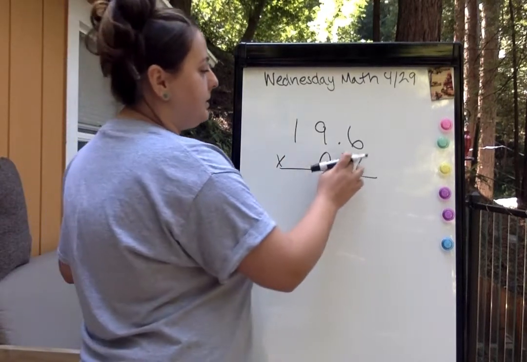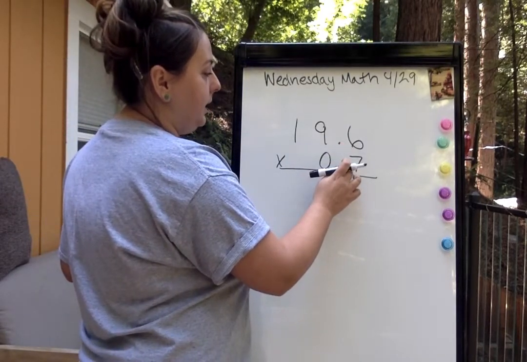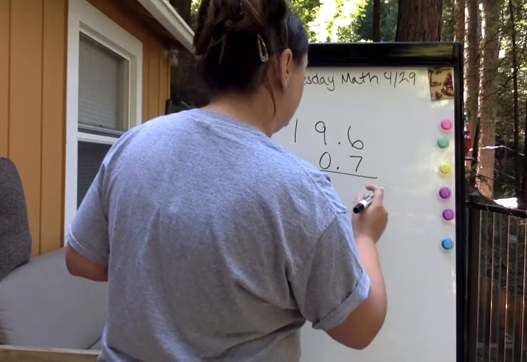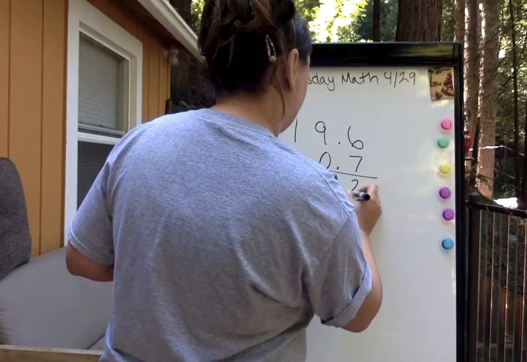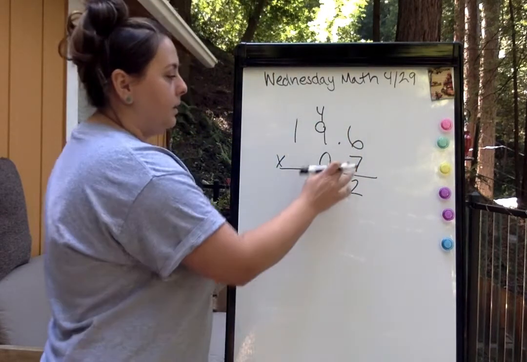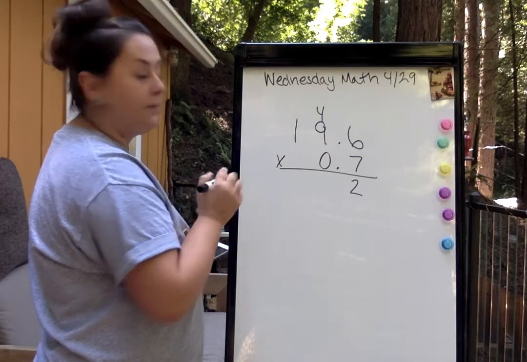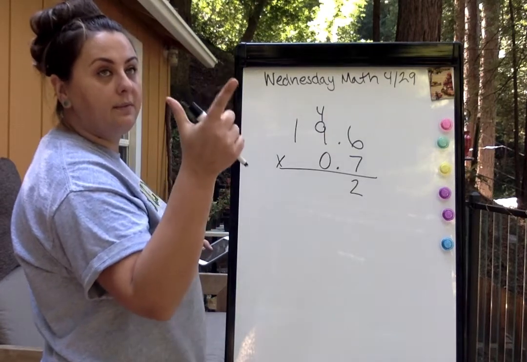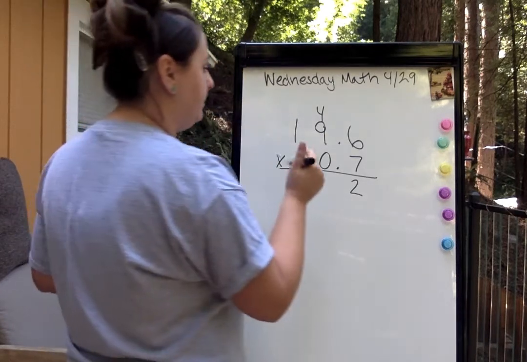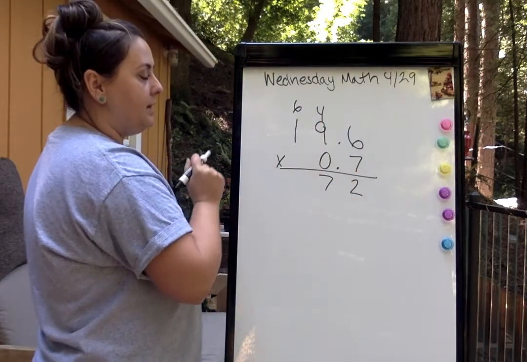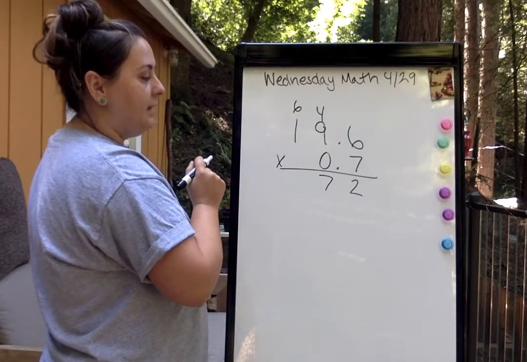So 6 times 7 is 42. 7 times 9 is 63, plus 4, 63, 64, 65, 66, 67. 7 times 1 is 7, plus 6 is 13.